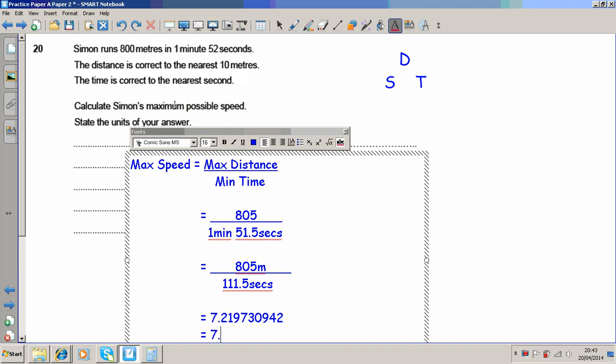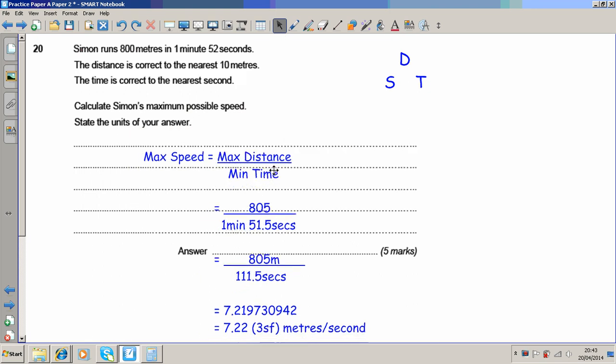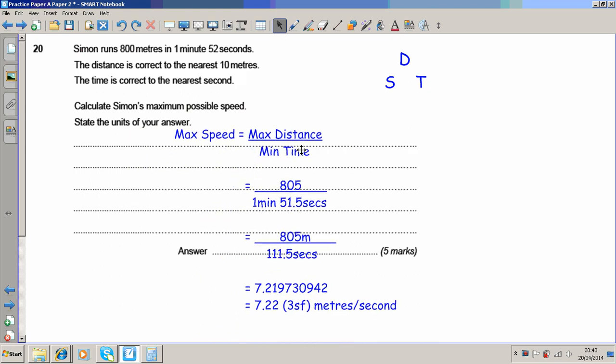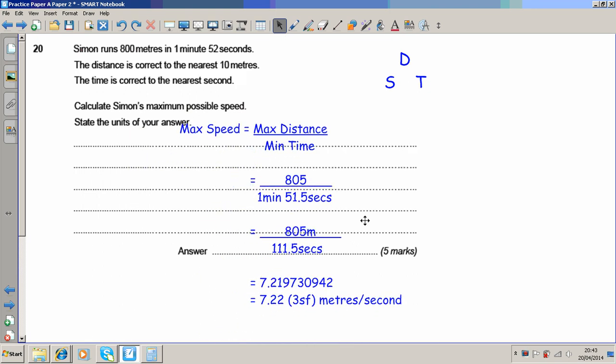Into 7.22, three significant figures, and I want you to state the units of your answer. So that's meters per second. And we're done.